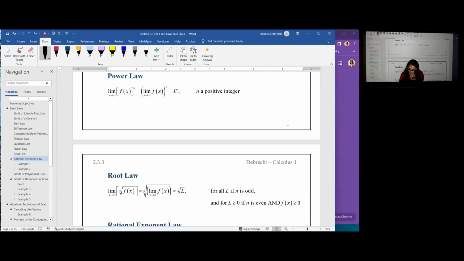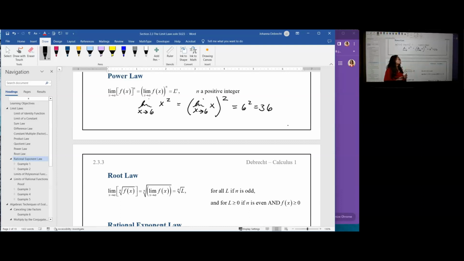Now, the idea behind this is that if you have the limit as x approaches 6 of x squared, I could instead rewrite this as the limit as x approaches 6 of x and then square it. I know from the first rule that the limit as x approaches 6 of x is 6. And this then would give me 6 squared, or 36 for the limit value.